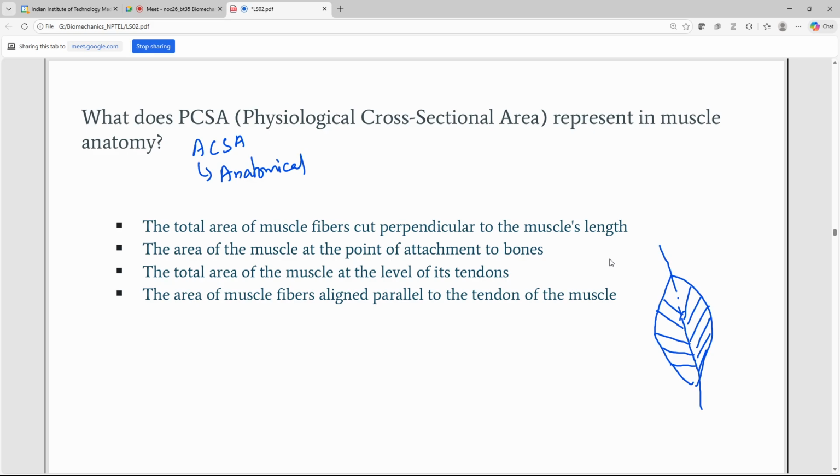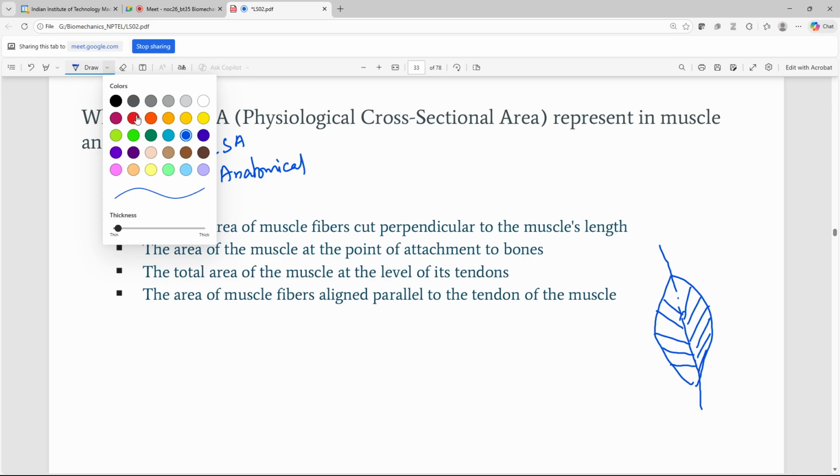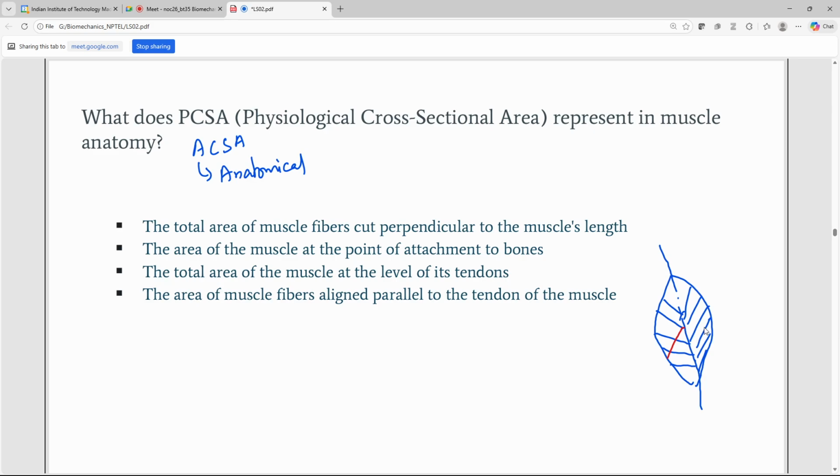Then this area that is perpendicular to the muscle length is known as physiological cross-sectional area. That is the one I have drawn here in red.